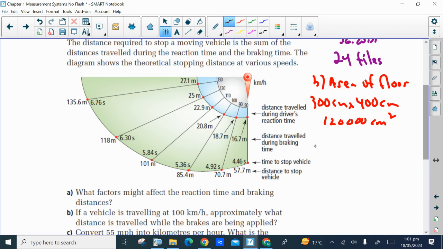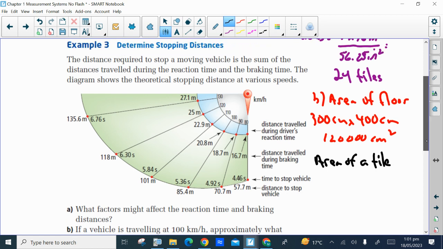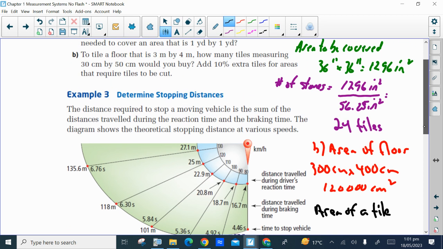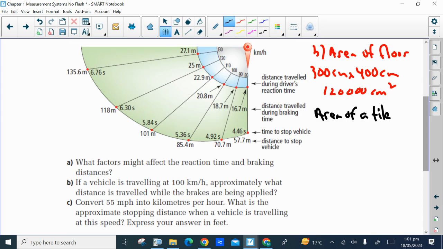The area of each tile would be 30 centimeters by 50 centimeters. 3 times 5 is 15, and there'll be 2 zeros here. 1,500 centimeters squared.